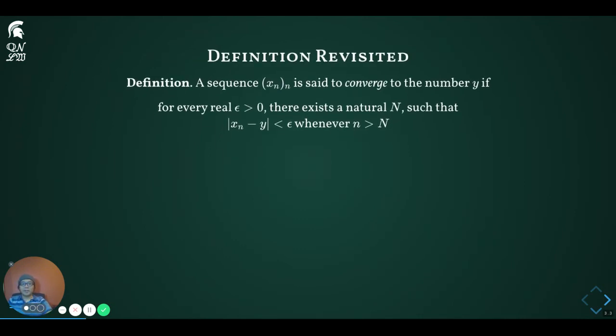Let's look at the definition again, now that we've thought about what it should mean. First, let's break down the definition into small parts. Let's start at the beginning of the second line. The variable epsilon in the definition is a measure of closeness. How do we know that?